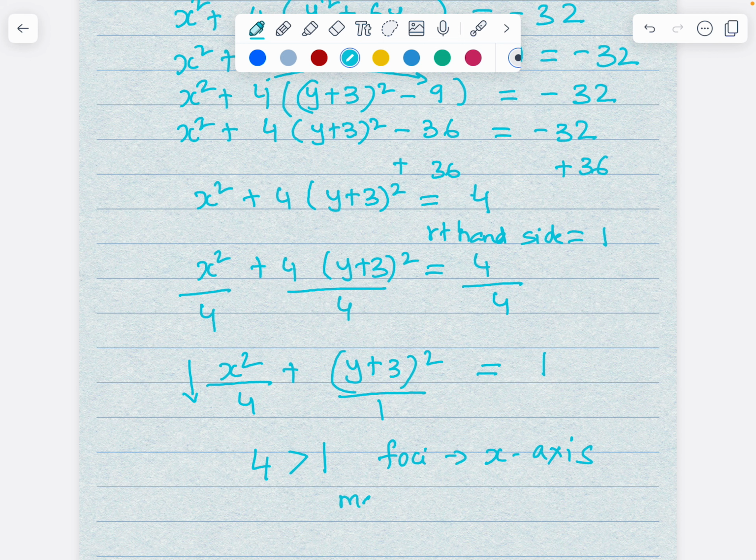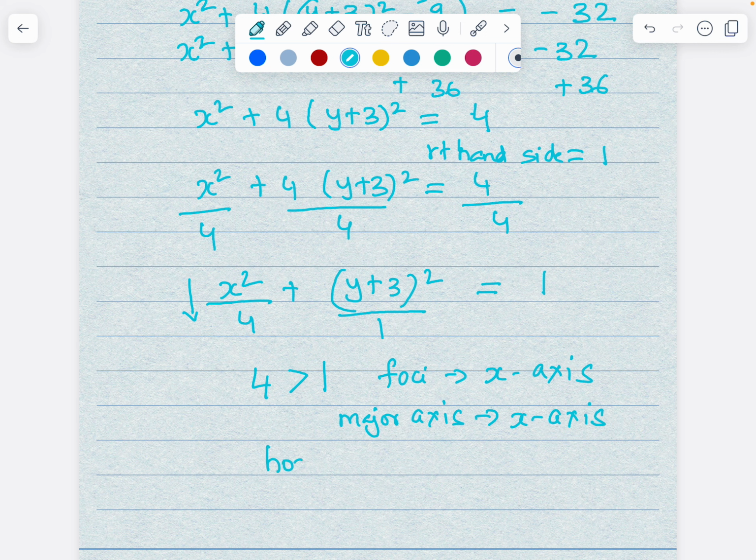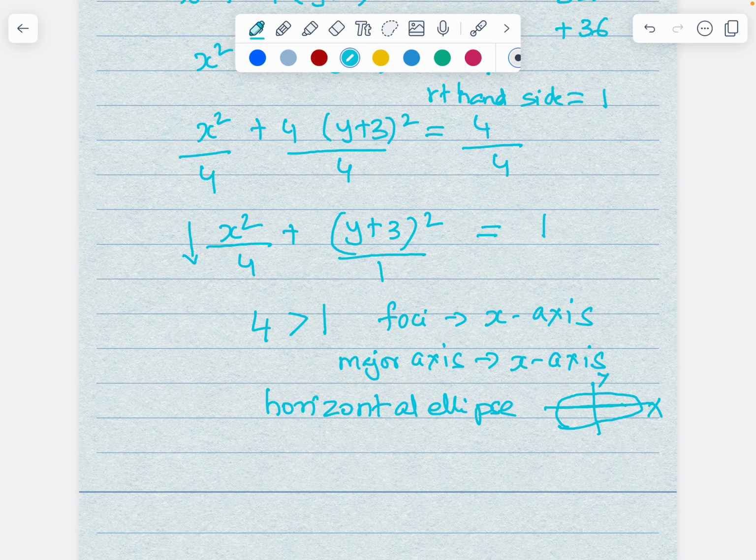So therefore, the major axis is on the x-axis, which means this is a horizontal ellipse, right? So it's going to be the dining table, because this is your major axis. So you have a picture, you kind of know what each one is, right?